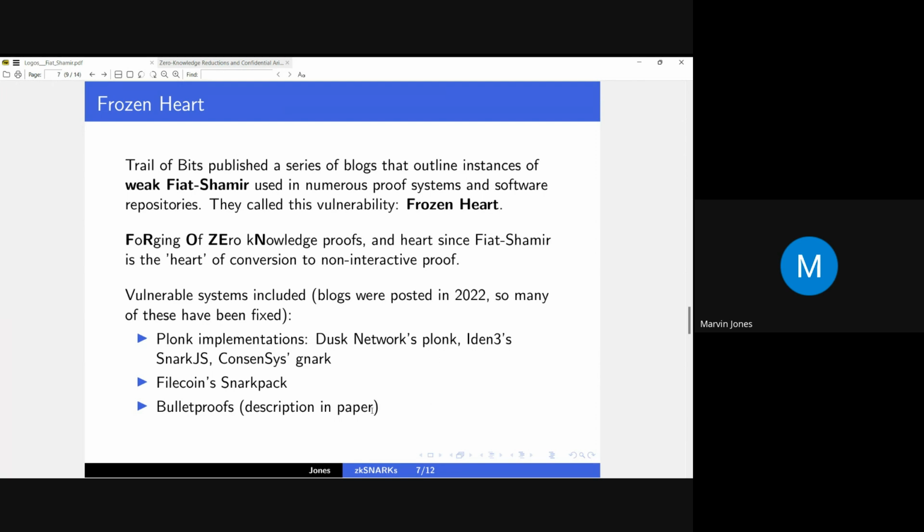However, I'm going to pick on Bulletproofs because I know who used that and what they used it for, which might be bad later. I don't think Monero had this issue, but Monero used Bulletproofs at one point for a range proof in their currency. Now, if they had the weak Fiat-Shamir issue, not saying they did, I have no idea.